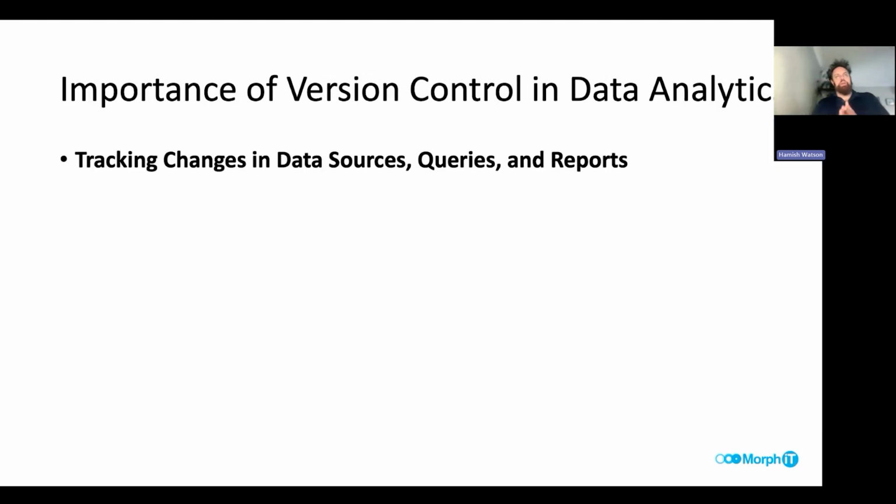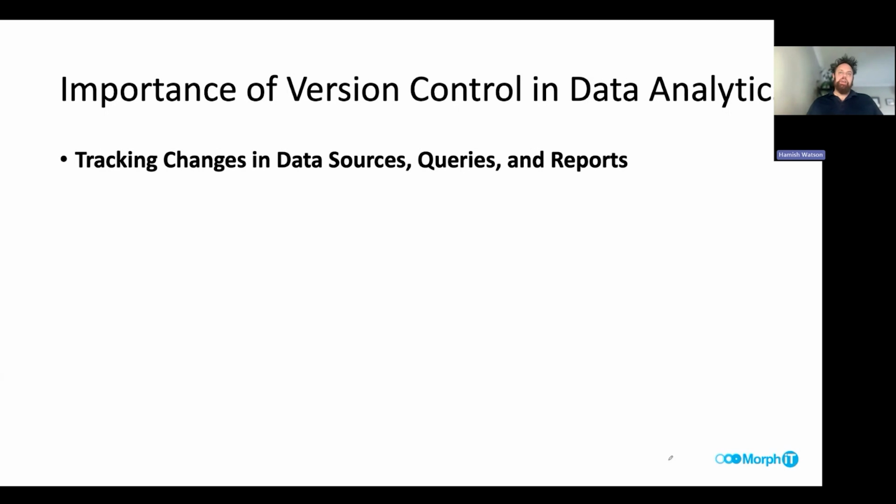But why is it important that we should look at version control or source control in data analytics? Well, the really cool thing is that in the last couple of years, massive changes have happened within Power BI and of course Fabric. And that is that they can now interface natively with source control. Because as I mentioned before, Power BI files used to be a binary file. And you can't actually do a pull request on a binary file such that I can see the code, because it's the equivalent of looking at a .exe, an executable.